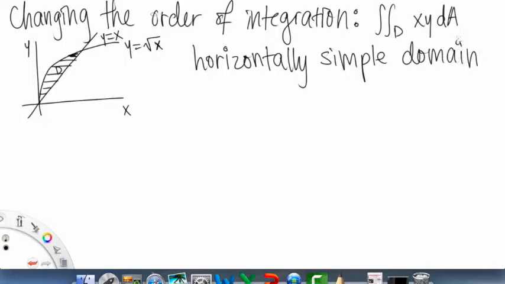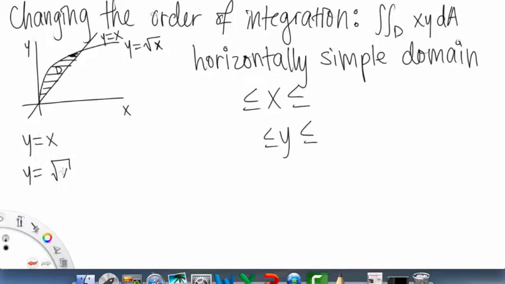Okay, so in this case, we have to have x being bounded by two functions of y on either side, right? And y having constant bounds, so like numbers, right? So again, what we'll have to do here is get things in terms of x. So you know how in the previous one we got y equals x and y equals square root of x, because that's what we were given, right?